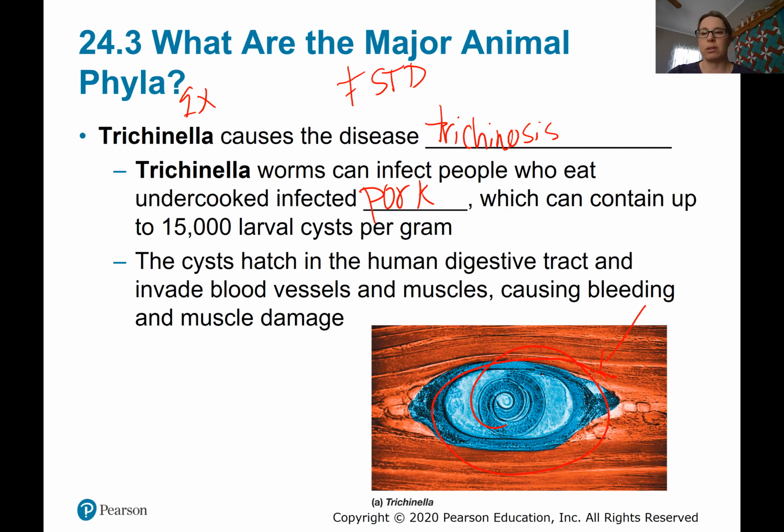If you go to other countries though, there is a chance that you could get this roundworm. But even if the meat is infected or there are cysts, if it's cooked properly, it will kill them. So don't freak out that you're going to get trichinosis in the US, and just always make sure you cook your meat well.